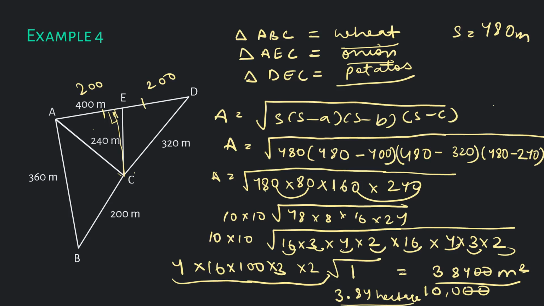Now to find out the area of AEC on which onion is grown, all that's left is 3.84 divided by 2, which will give our answer to be 1.92. And similarly, because these two areas are equal, the area on which potatoes are grown is also 1.92 hectare. Hectare, not square, just hectare.